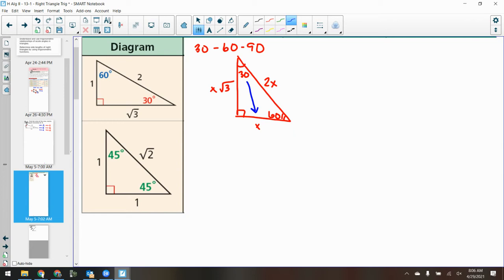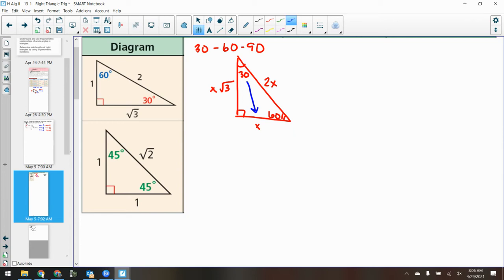What's my 30 side? 25. We can divide it by 2. If my 30 side is 25, what's my 60 side? 25 radical 3. That number times radical 3.